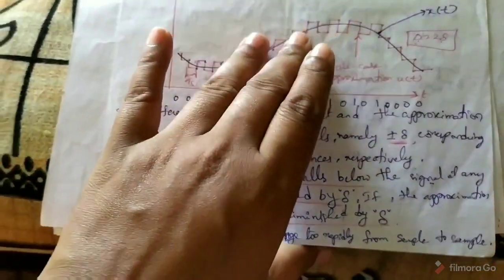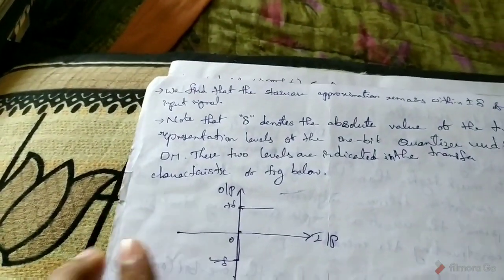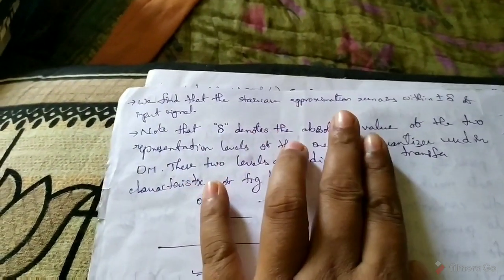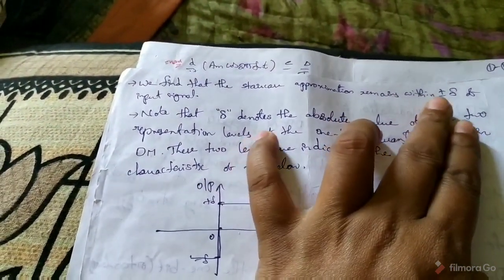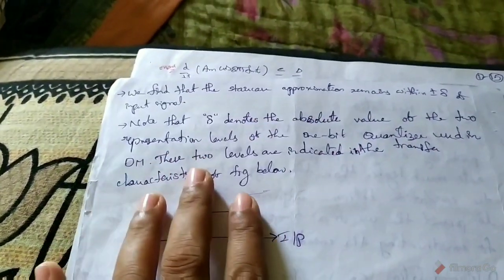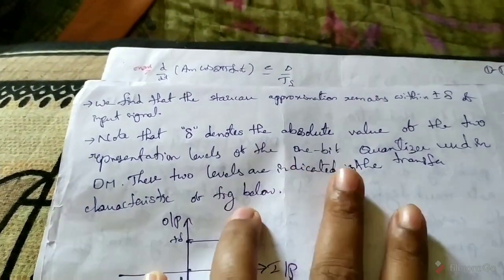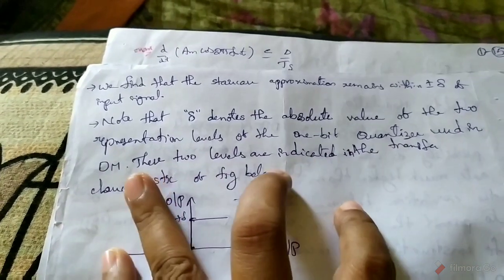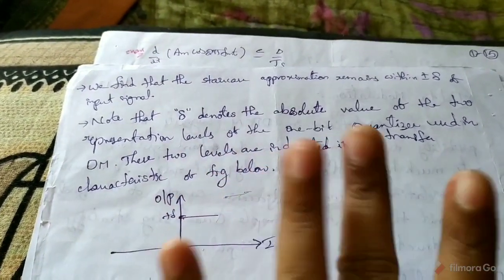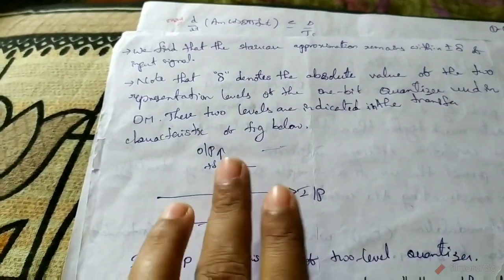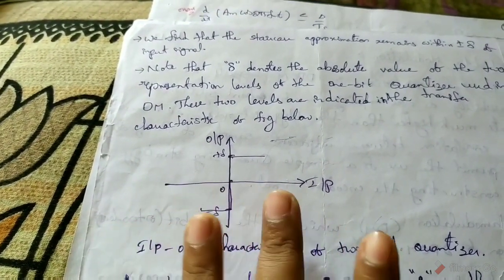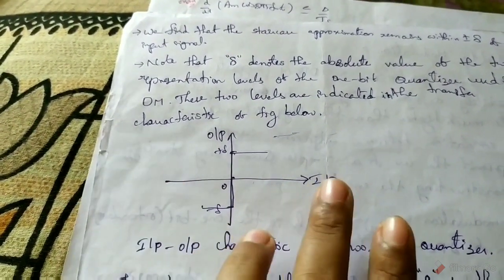I think I am clear with this. Okay, we find that the staircase approximation remains within plus or minus delta of input signal. Note that delta denotes the absolute value of the two representation levels of the 1-bit quantizer used in the delta modulation. These two levels are indicated in the transfer characteristics of figure below. So these are the transfer characteristics of delta modulated input output.